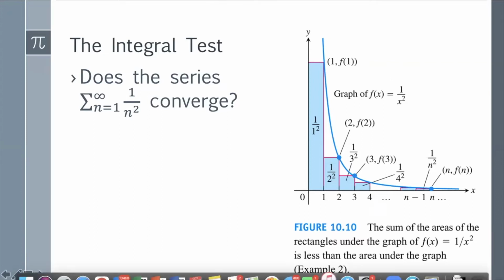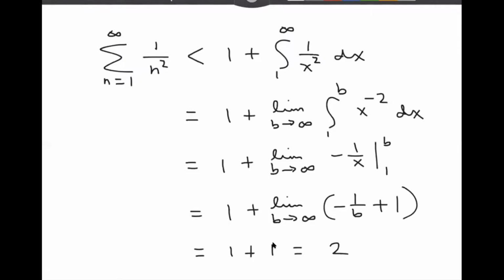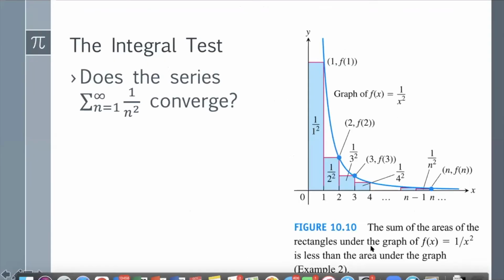So what this picture shows is that the sum of the series n equals 1 to infinity of 1 over n squared is less than 1, which was the area of that first rectangle, plus the integral from 1 to infinity of 1 over x squared dx. Let me switch back to the presentation for a second, just so we can make that clear.